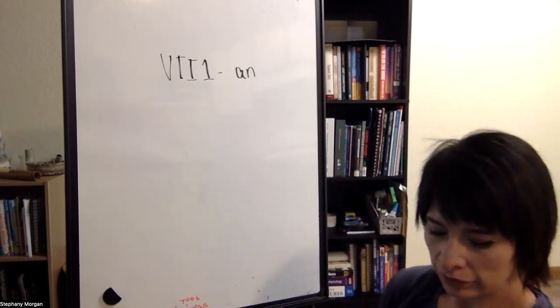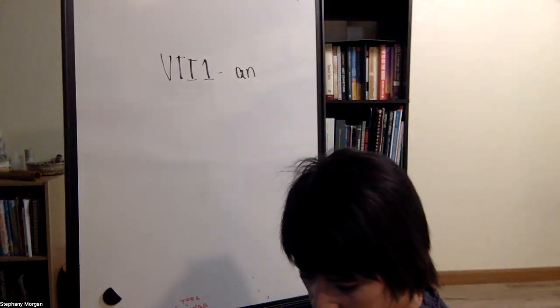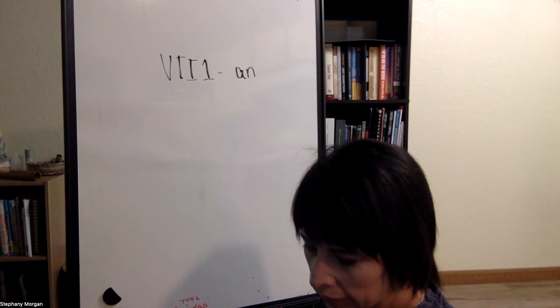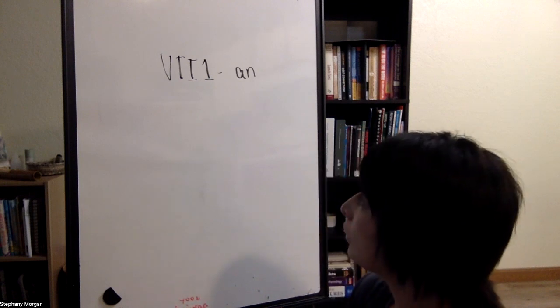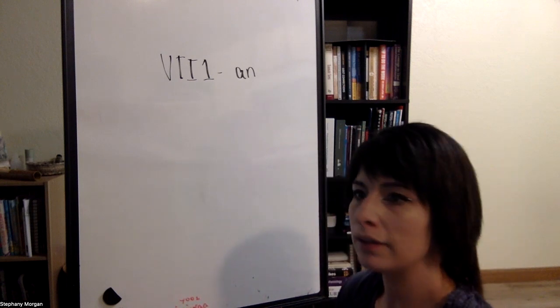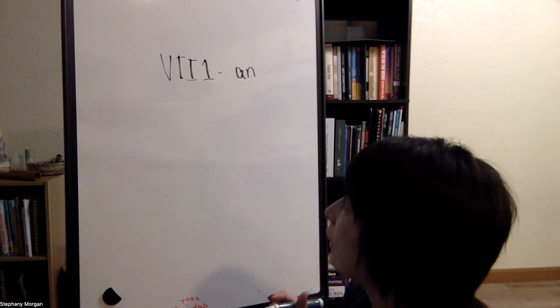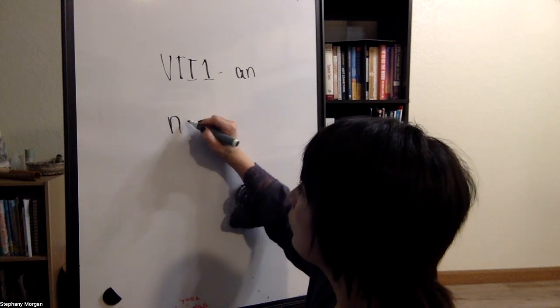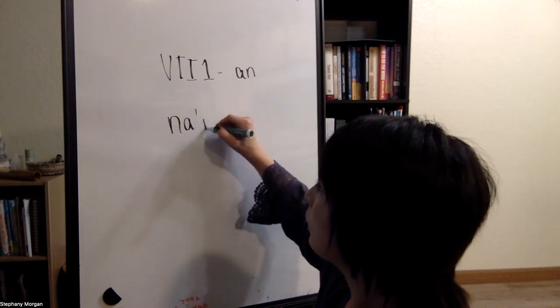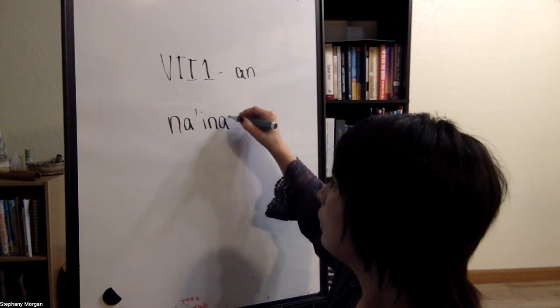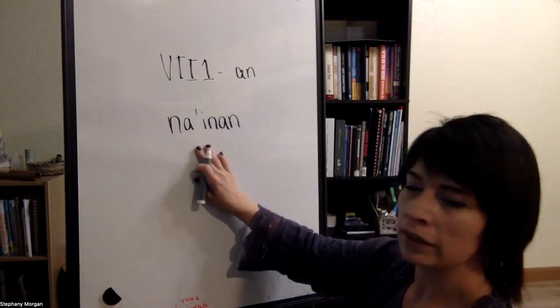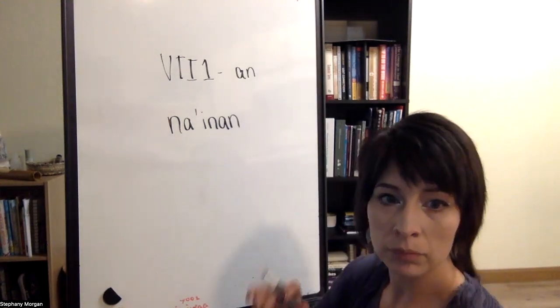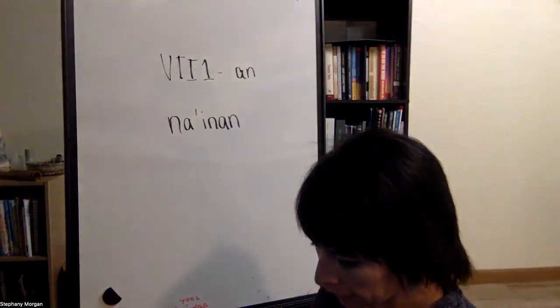In this case, we do use that G sound in VTI 2 and 3s, but VTI 1s are a little bit different. If they end in AN, such as put it away, na inan, that means put it away to one person. It's already a command, but we want to tell more than one person to put it away.